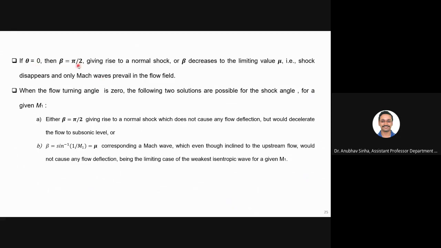So either you get a normal shock at one extreme, or a Mach wave at the other extreme, and the flow turning angle is 0. These two solutions are possible. Again, this is just a repetition of what we have discussed: either you have a normal shock or a Mach wave, that's all.